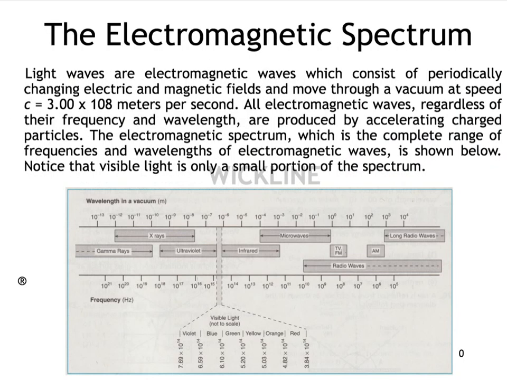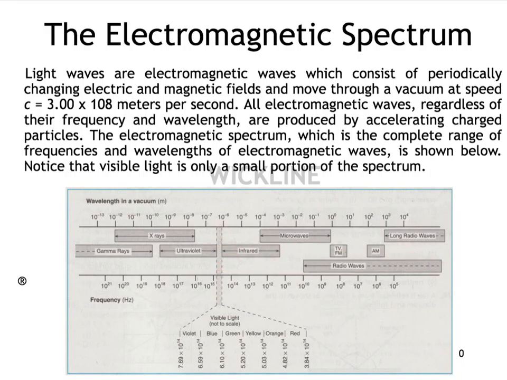The electromagnetic spectrum is on this slide, and it's also in your reference table. While the electromagnetic spectrum covers many different kinds of waves, including gamma rays, X-rays, ultraviolet, infrared, microwaves, TV, AM, FM, radio waves, and long radio waves, it also includes visible light. But all of the light that you can see with your eyes exists in a very tiny band of the electromagnetic spectrum.